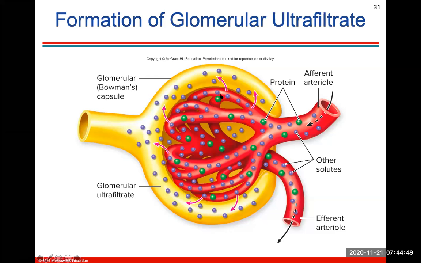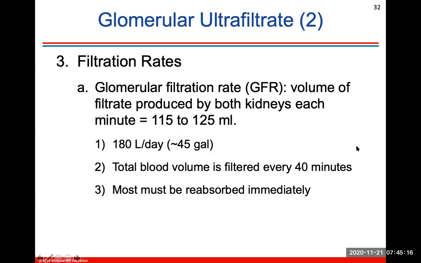Normally protein is too large to be passed through, but what does get through are these other solute particles, the smaller purple dots. What doesn't get filtered through exits out of the glomerulus as the efferent arteriole. And what does get through, these solute particles in purple, will travel down through the proximal convoluted tubule and through the rest of the urinary collection system.